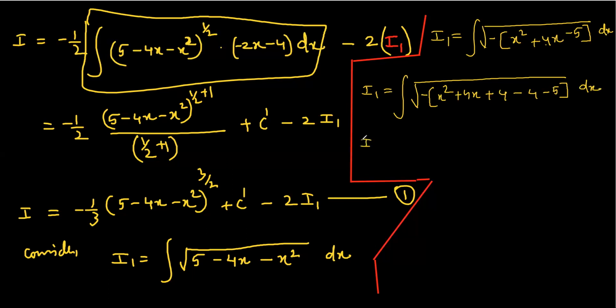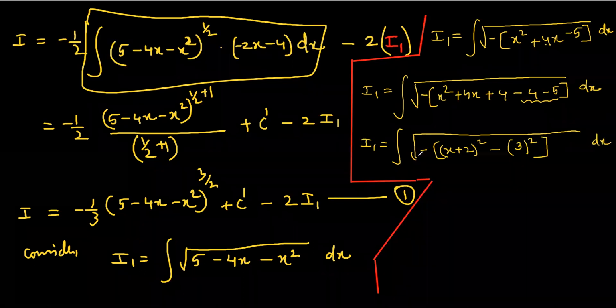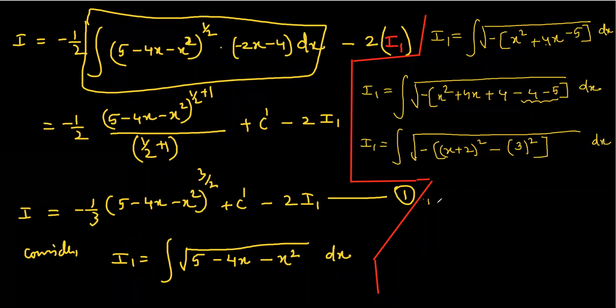So I get I1 equals the integral of square root of negative, the first three terms get me the perfect square, (x plus 2) the whole square, minus 9, which I write as minus 3 squared, and dx. Now this negative sign outside the bracket will come into effect, and it will get me exactly the reverse of what I see here.